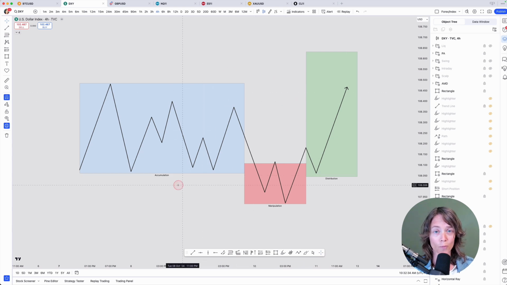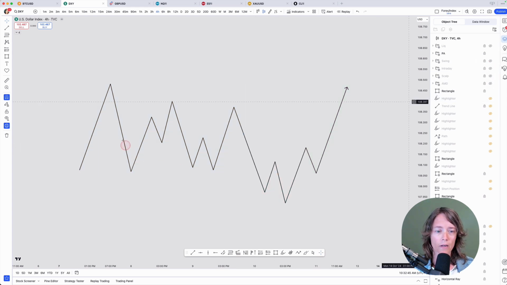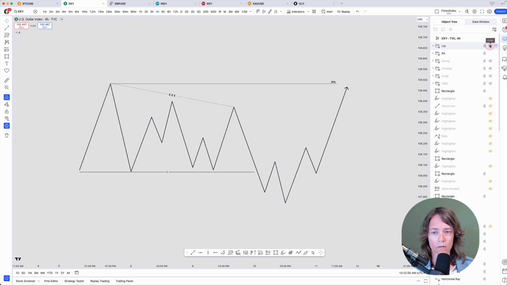But how do you make this super practical and apply it to the charts and to your own trading? Well, if we look at this signature model and remove the accumulation, manipulation, distribution, it's all around liquidity. So the most important thing is that you start recognizing the liquidity points.